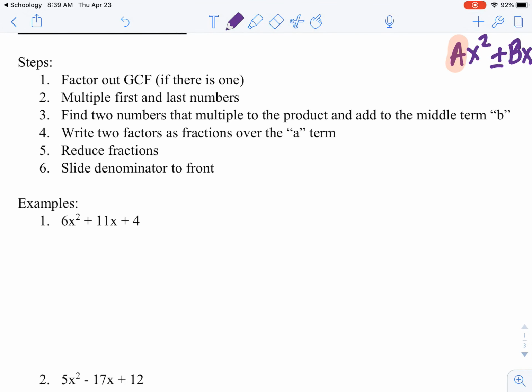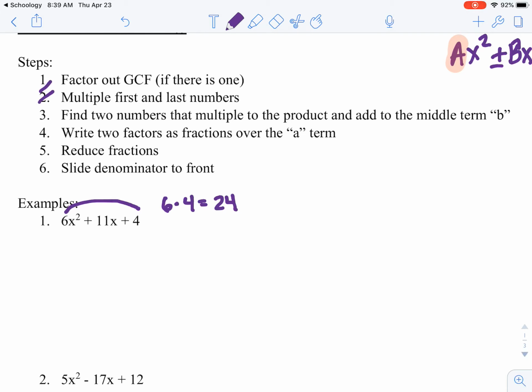So the first thing I'm going to look for is a GCF, which I do not see one. Then I'm going to multiply the first and the last numbers. So 6 times 4 equals 24. Now we have step 1 and step 2 done.